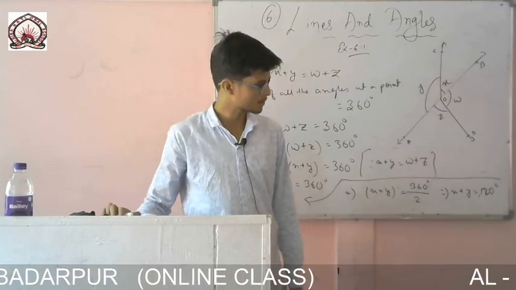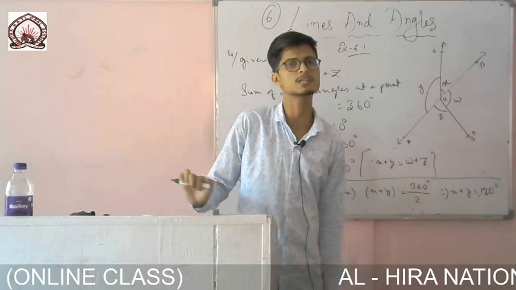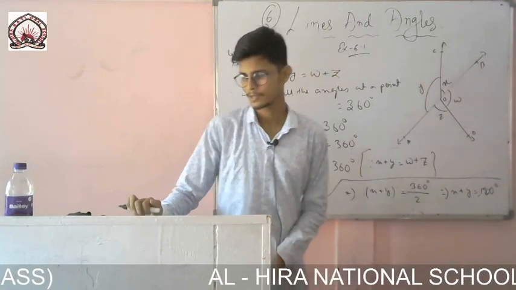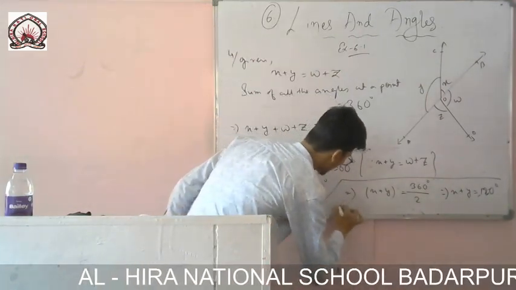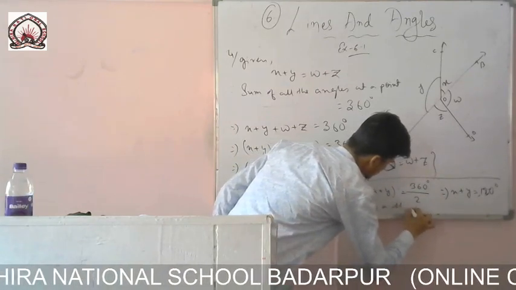And if x plus y is equal to 180 degrees, if the sum of these two adjacent angles is 180 degrees, then that means AOB is a straight line. So you write, therefore AOB is a straight line.